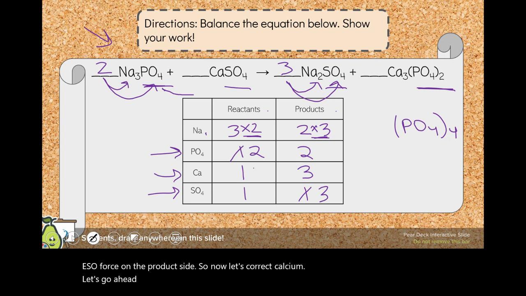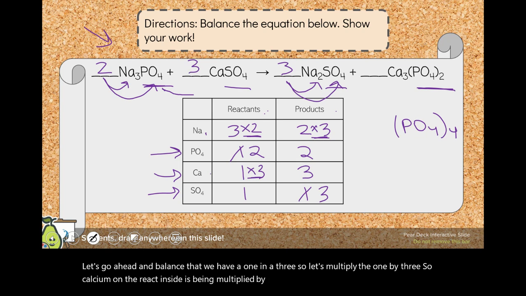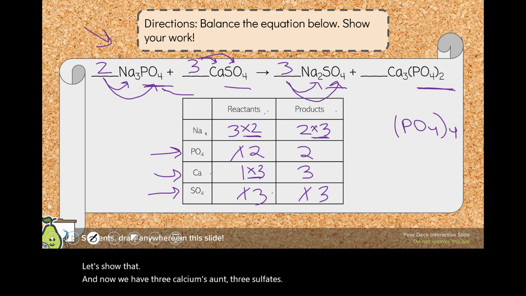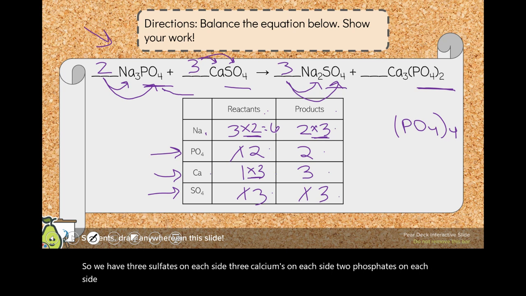We have a 1 and a 3, so let's multiply the 1 by 3. So calcium on the reactant side is being multiplied by 3. Let's show that. And now we have 3 calciums and 3 sulfates. So we have 3 sulfates on each side, 3 calciums on each side, 2 phosphates on each side, and a total of 6 sodiums per side.